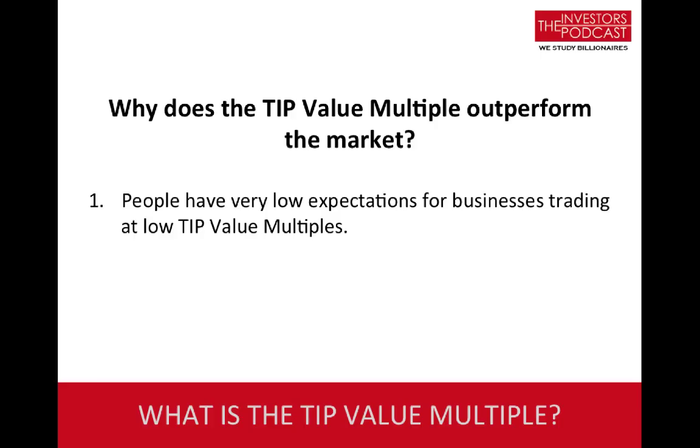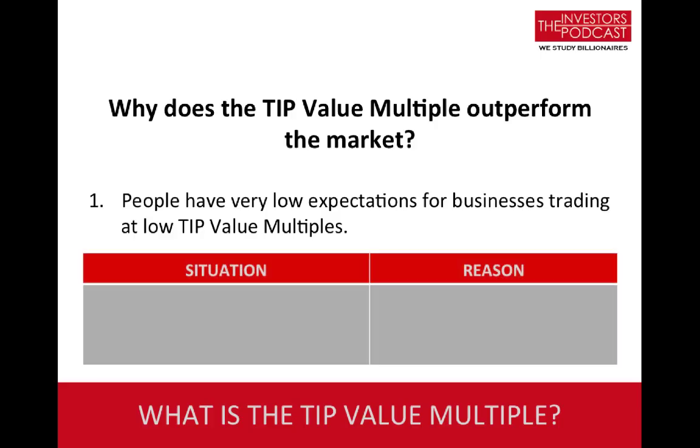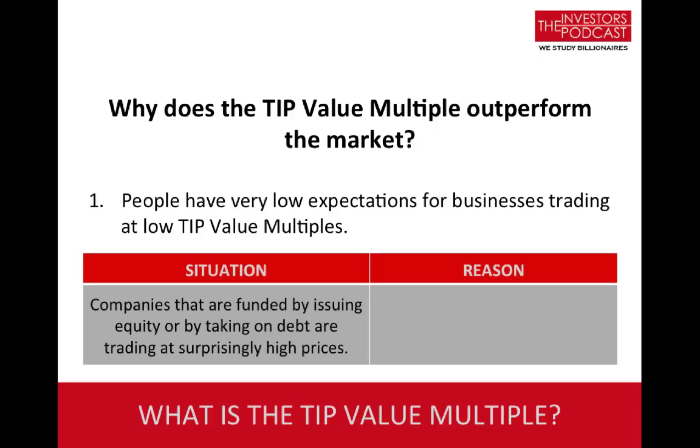You will often find that companies that never made a cent in profits for shareholders, and are therefore funded by issuing equity or taking on debt, are trading at surprisingly high prices, simply because investors have high expectations for their earnings in the future.